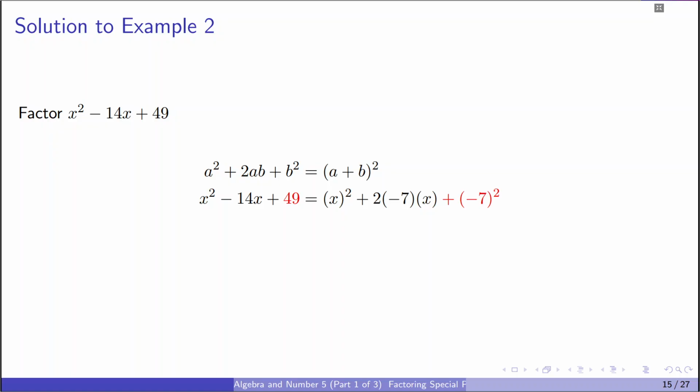And in fact, it's a negative 7. So the square root of 49 can be positive or negative 7. To make this 14x negative, it would have to be the negative 7. So this does fit the pattern. We check, can we find a b squared that makes the 2ab equal to negative 14x? And we have. So this is x minus 7 squared.